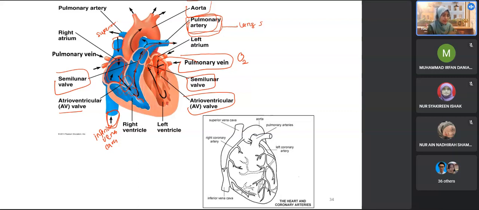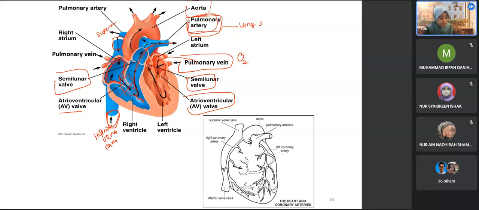From the left ventricle to the aorta is through the semilunar valve. Right ventricle into the pulmonary artery is also through a semilunar valve. So just analyze this diagram one by one, starting from the right atrium.